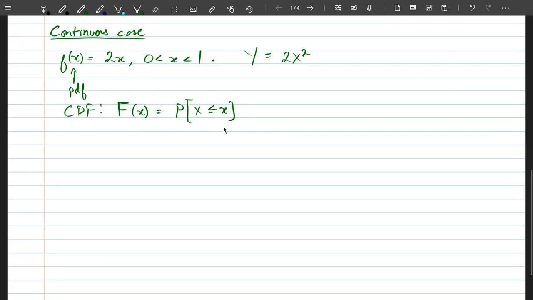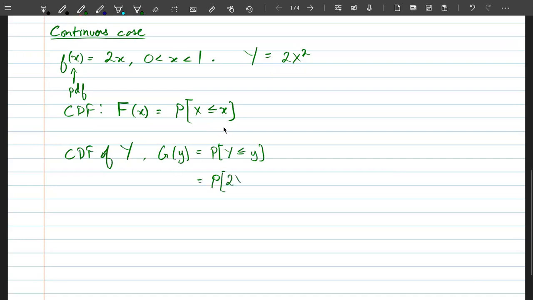Now, this tells us that we may not be able to find the PDF of Y directly, but rather we can find the CDF of Y. So the CDF of Y, say capital G of y, if we take small g of y as the PDF, is also defined as the probability of Y less than or equal to y. Now this is a probability, and here indeed we can use this definition.